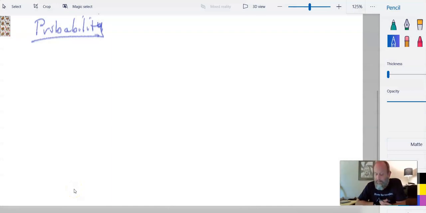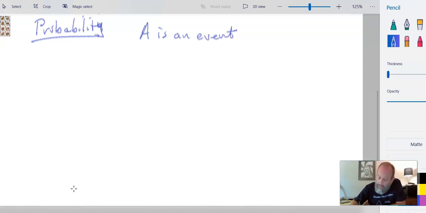So we're talking about probability. Now, if I want to talk about the probability of something occurring, let's say A is an event.